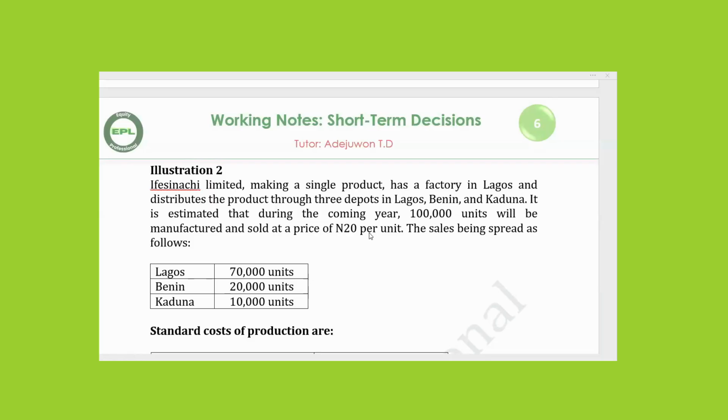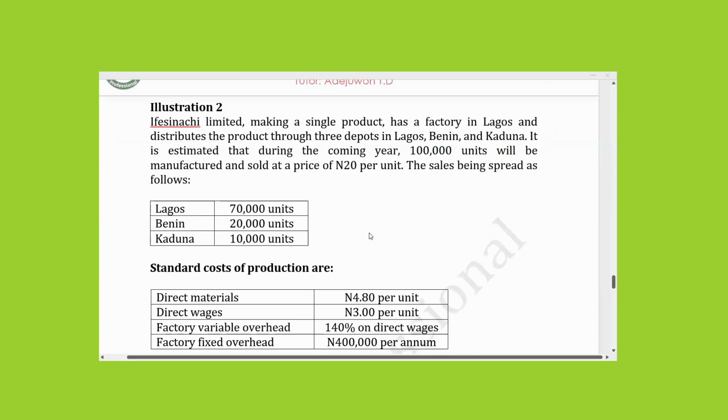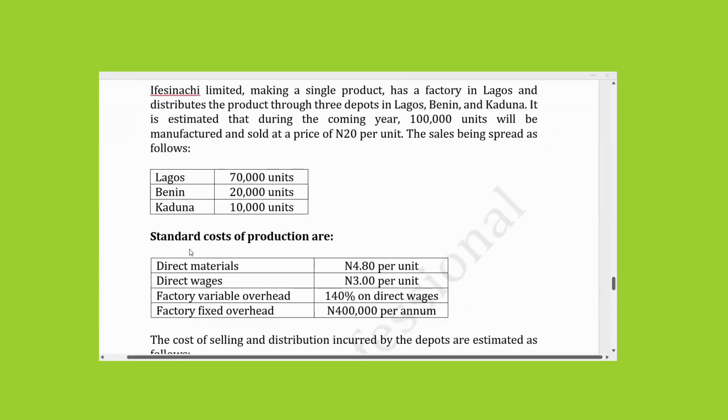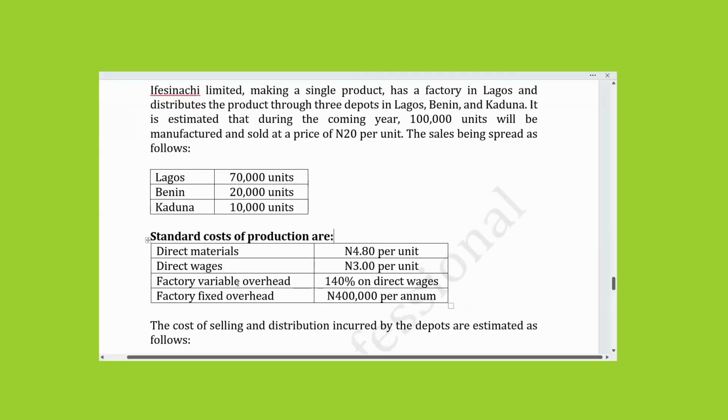The sales being spread as follows. Lagos, 70,000 units. Benin, 20,000 units. Kano, 10,000 units. Standard costs of production are direct costs, direct wages, direct factory variable overhead, factory fixed overhead.